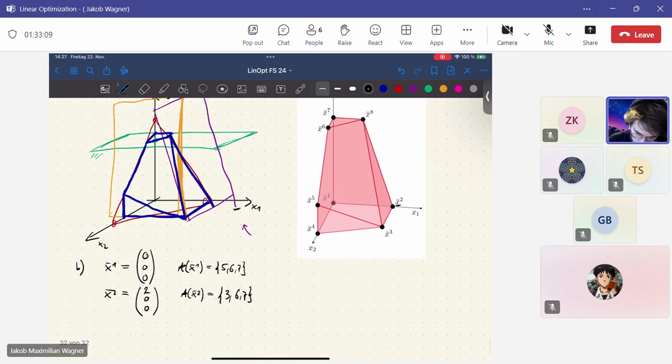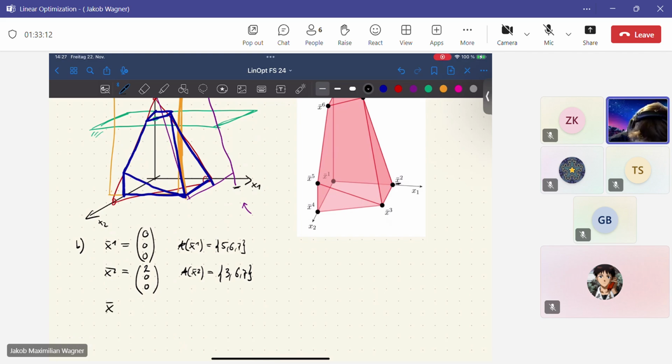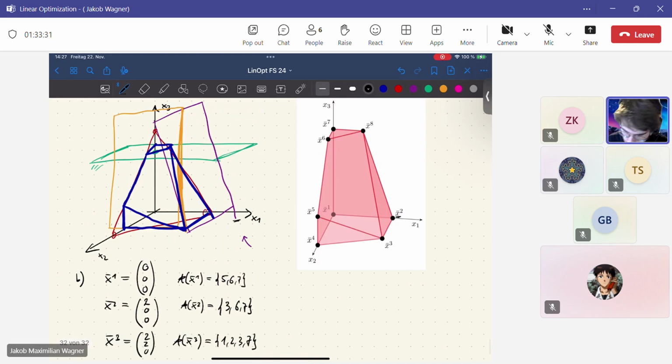In this way, we proceed with all the others. So at x3 bar, we have the coordinates 2, 2, 0, and we have an active index set of 1, 2, 3, and 7. At this point we see, and this doesn't clearly come out from my drawing, that 4 inequality constraints become active. So this one, this one, this one, and the one from below.